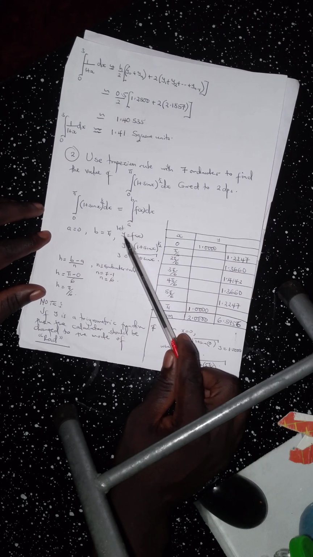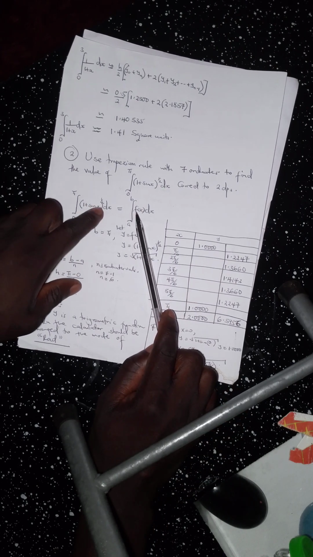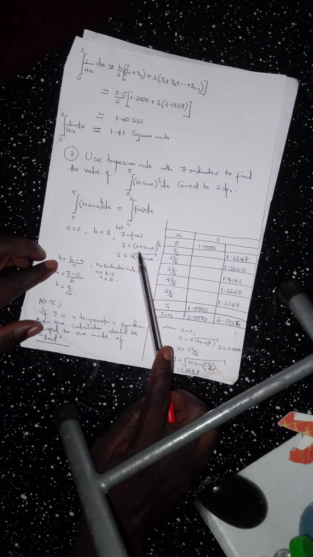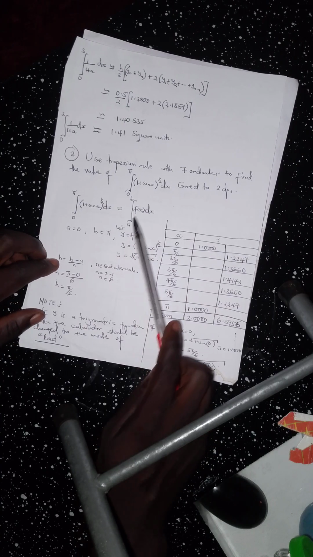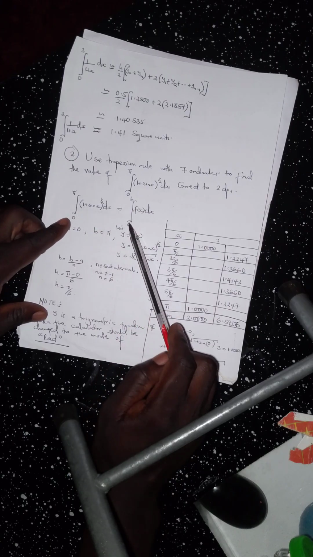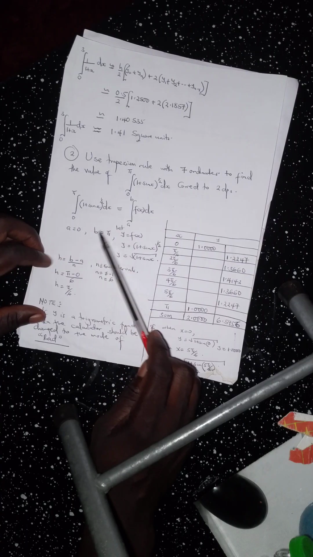So since y is a function of x, it means our y is this guy here, which is 1 plus sine x power a half, which is as good as having the square root of this guy. So when we compare this and this, my a is 0, my b is pi. So a is 0, b is pi.